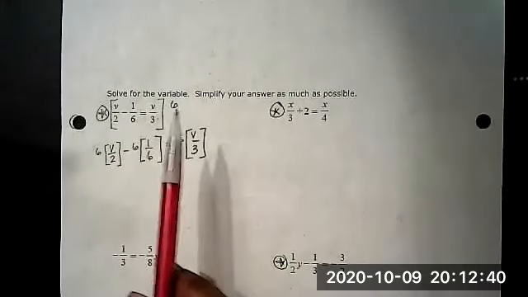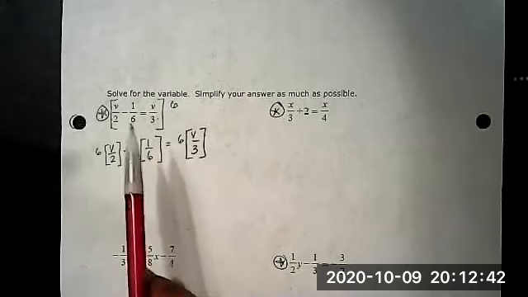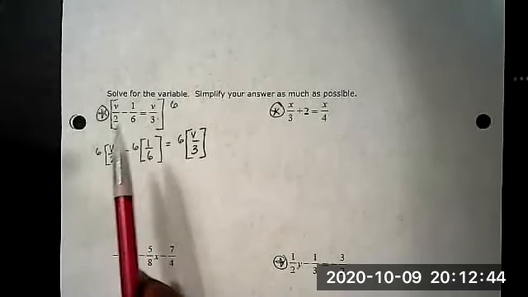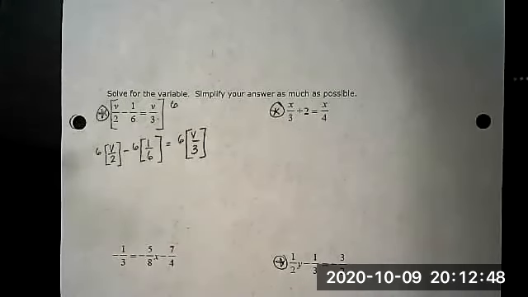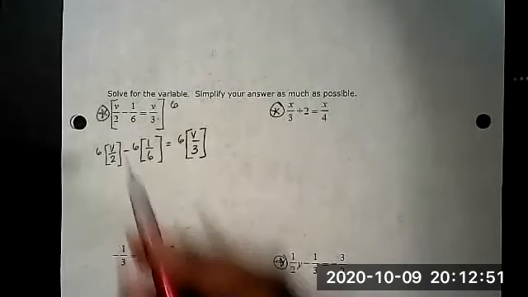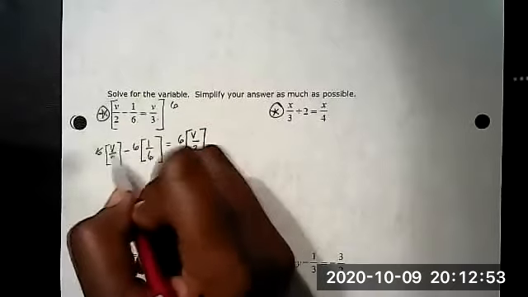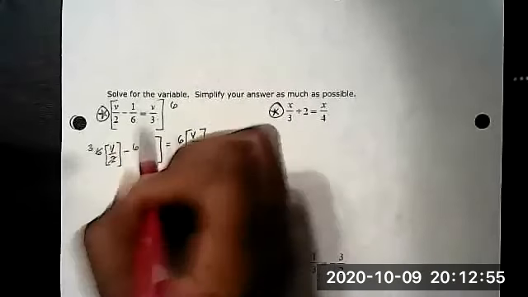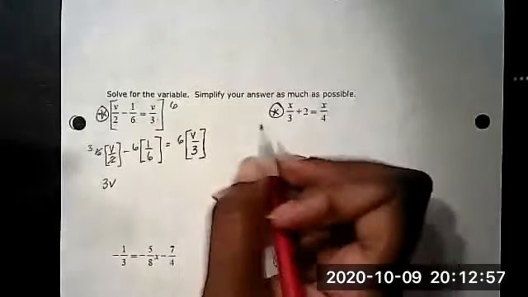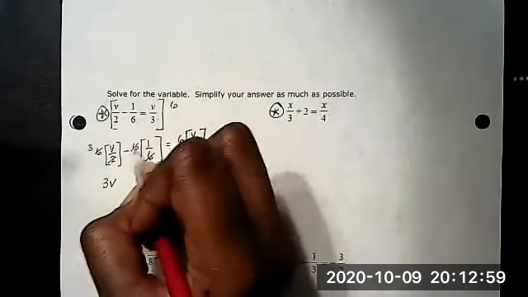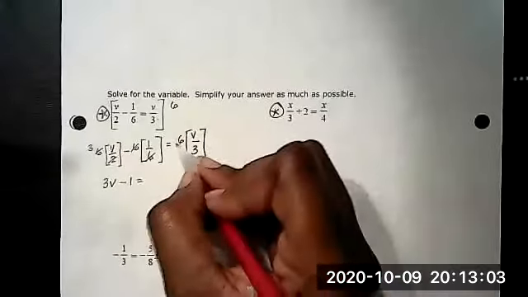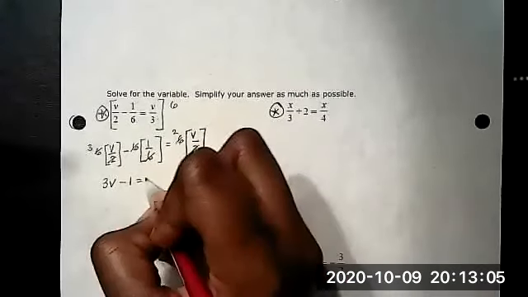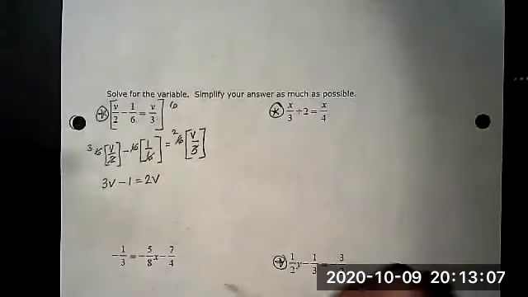The number I chose is the bigger factor. So now these two cancel out. This becomes 3, so now this is just 3v. These two cancel out, and that's -1 left over. Equals, this cancels out with that, and that becomes 2v. As you can see, we have no more fractions, and that's kind of what I wanted.